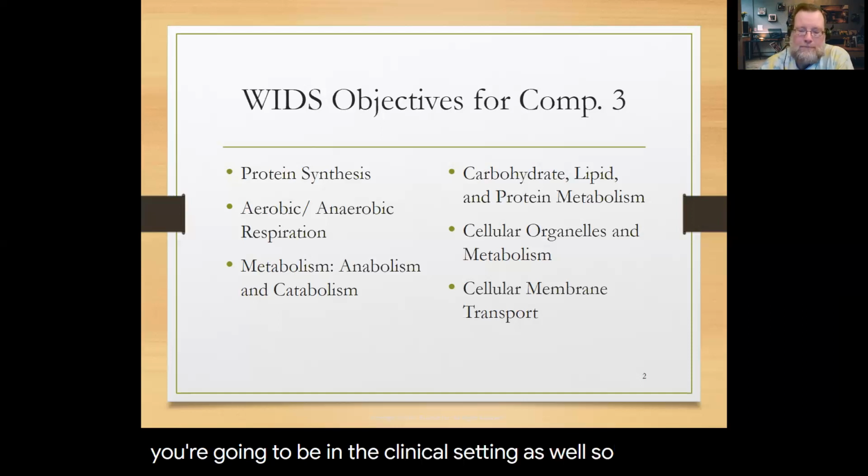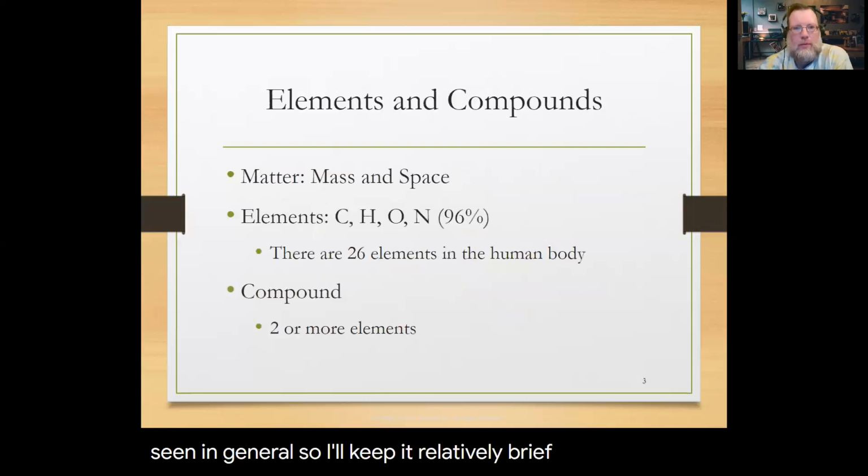So this is some foundational information, and again, some of it you've seen in general. So I'll keep it relatively brief for that reason. As a review, we look at elements and compounds. Again, we're at the chemical level. And remember our levels of organization.